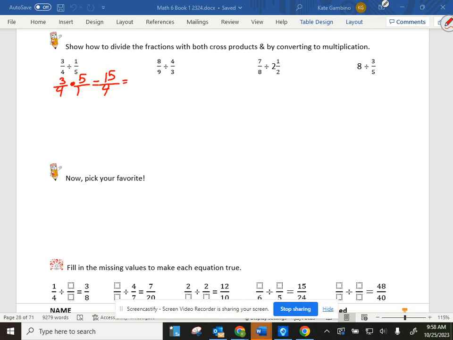And then I'm going to take it one step further and put it as its mixed number. So if I have 15/4, what is its mixed number going to be? How many times can I take 4 out of 15? Melanie? It would be 3 and 3/4.